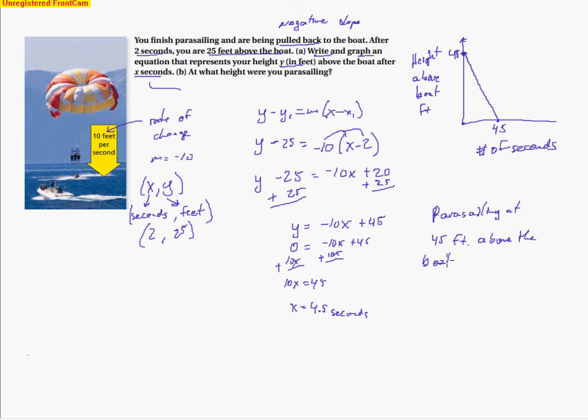And the reason I know that is because it's the y-intercept. So 45 feet is what I started at before I was being pulled back into the boat. And so that's how I know it's the height at which I was parasailing.